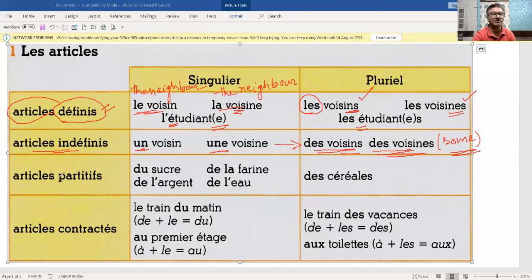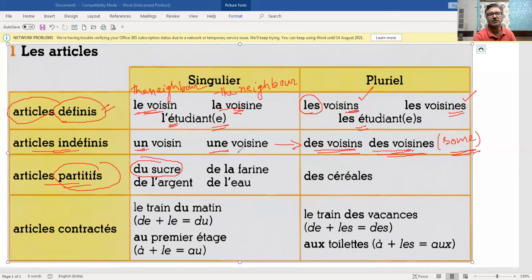Next kind of articles is article partitive. Now this article shows or it indicates or it gives an idea of some quantity, not in entirety, but in part of that noun. For example, du sucre. Du means small quantity of.